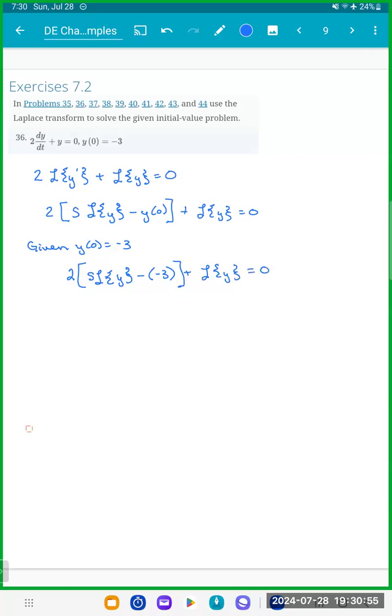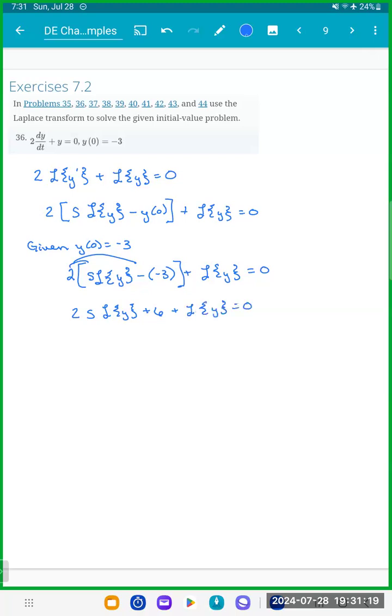Let's simplify this down a little bit. This gives me 2s Laplace of y plus 3. Actually, let's distribute that. So it's going to be plus 6 plus Laplace of y equals 0.